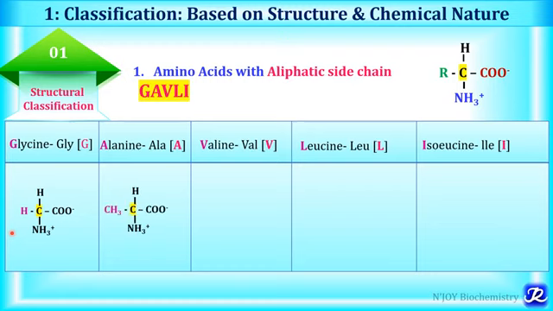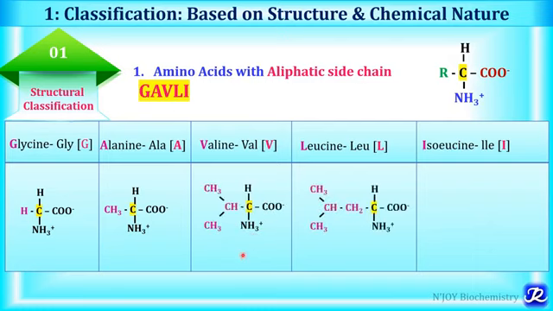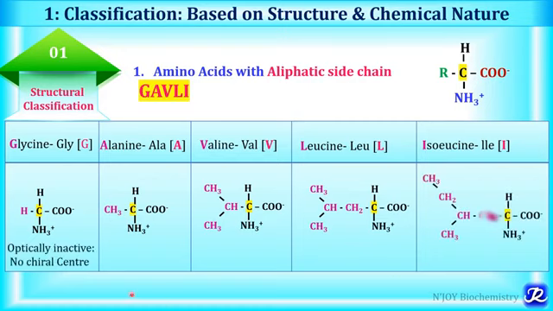This is the structure of alanine, which has a methyl group in the side chain, the structure of valine, the structure of leucine, and this is the structure of isoleucine. So glycine is the simplest amino acid which is optically inactive as it has no chiral center.